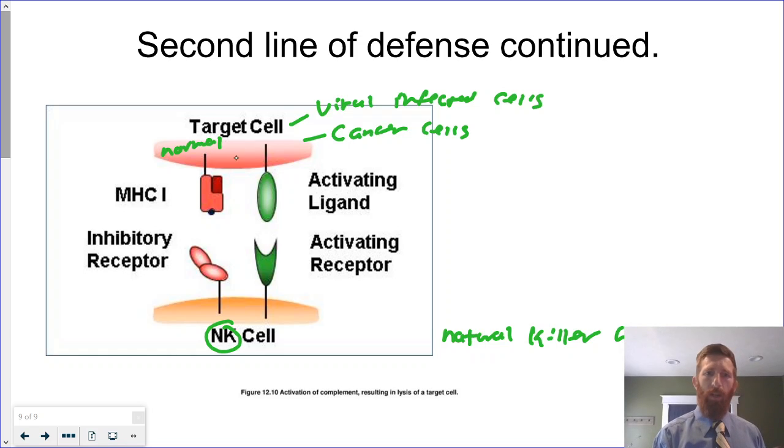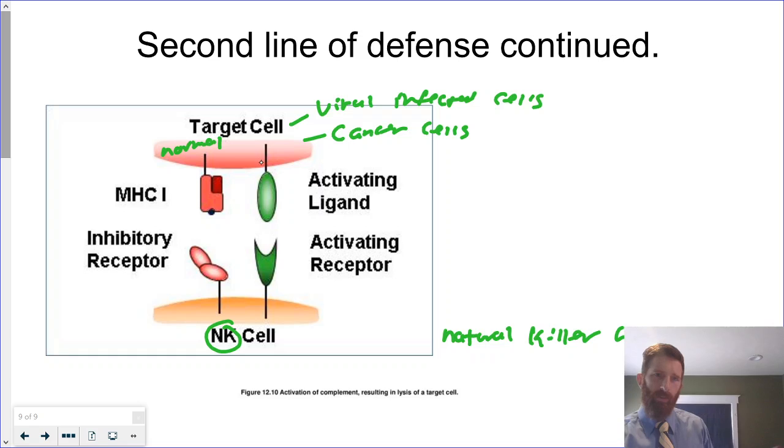Normal, if the cell is a normal, healthy cell and it doesn't have a virus and the DNA isn't out of control and isn't replicating, it would have this protein right here. And then if the natural killer cell is just kind of going around and it comes in contact with this protein, the natural killer cell isn't going to do anything. Right? It's not gonna kill this target cell.